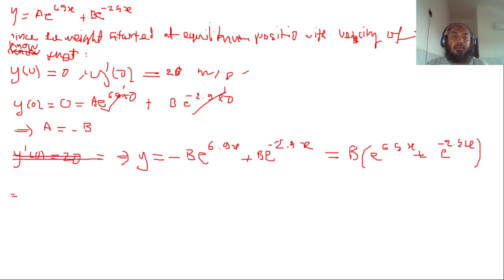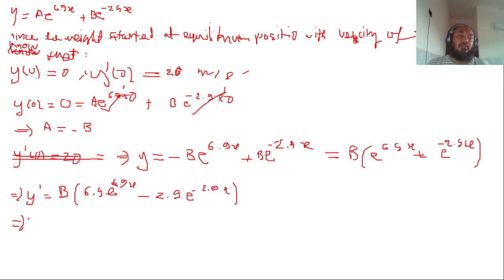Okay, so we got y dash is equal to b times (6.9 e^(6.9x) plus 2.9 e^(minus 2.9x)).